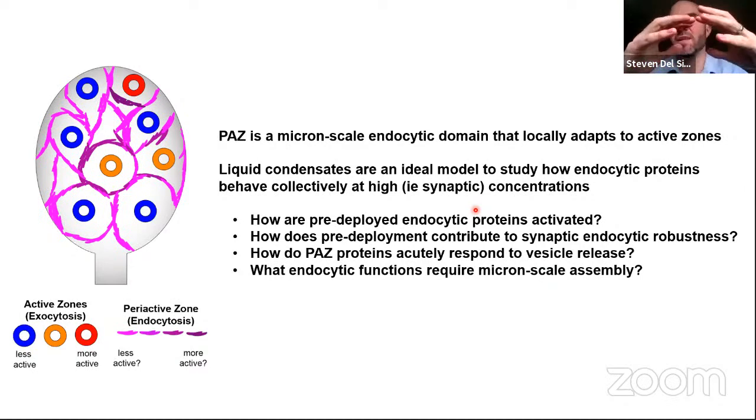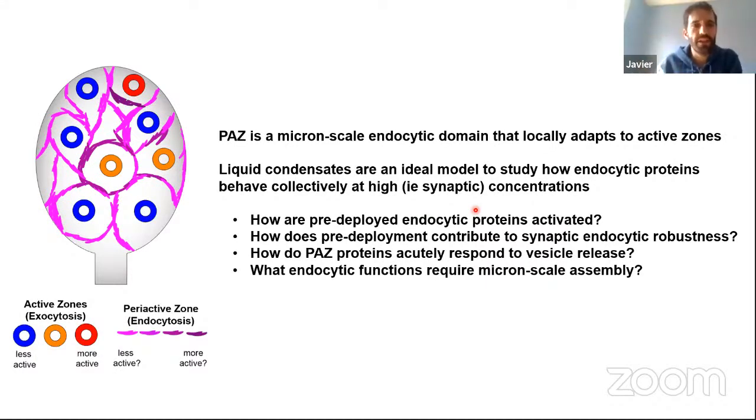So basically you have the bouton, and then just inside the bouton associated with the plasma membrane is this kind of meshwork. We know it's closely associated with the membrane because by super resolution, most of the signal is right at the level of the membrane. And then by FRAP, the recovery kinetics are slower than a freely diffusing molecule. So we ascribe that to the association with the membrane.